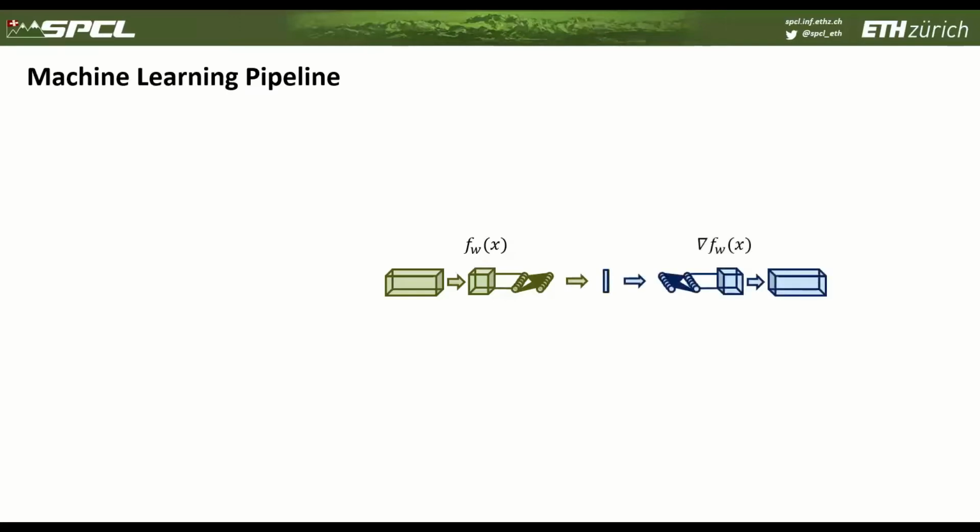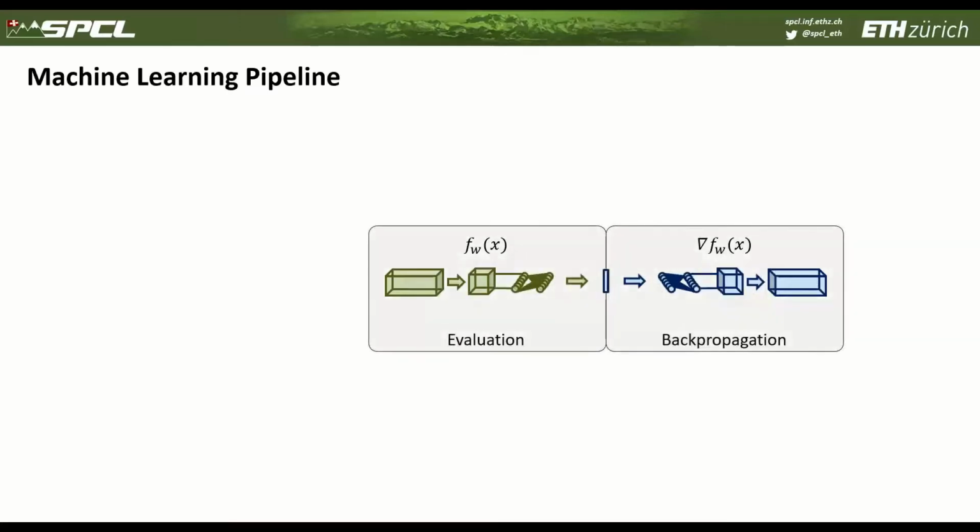So for that, we can use any kind of optimization technique, like, for example, stochastic gradient descent. And in order to do that, we have to propagate the outputs backwards with the error in order to compute the gradients. And this is what we call the backpropagation algorithm. And once we have all these gradients, we can now use them to update the weights in the neural network and then continue to the next sample or batch of samples.